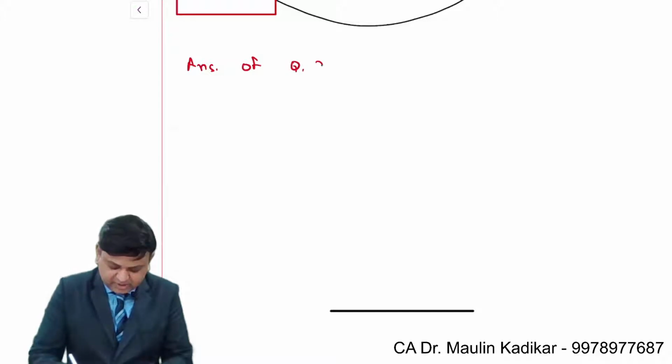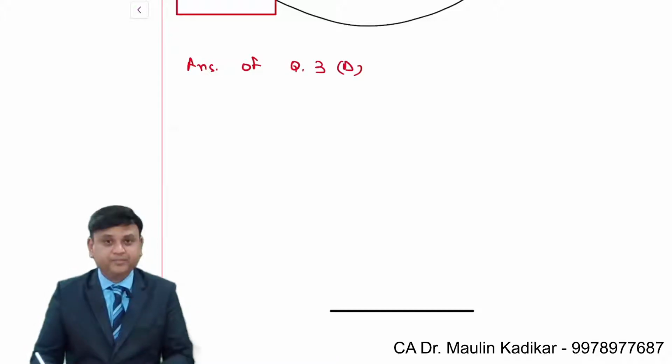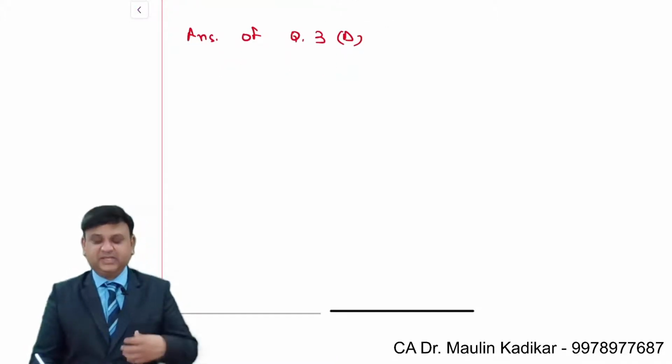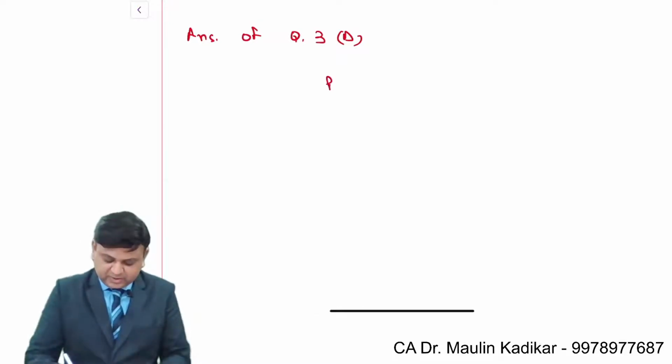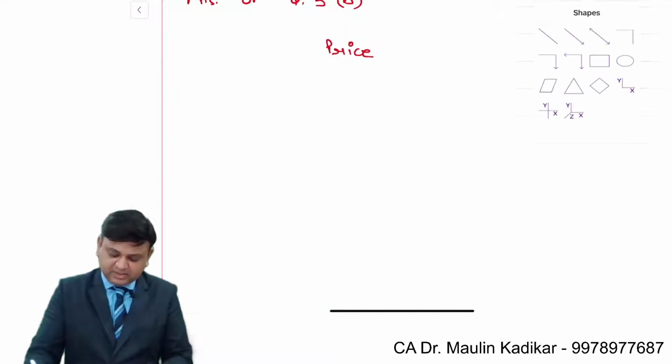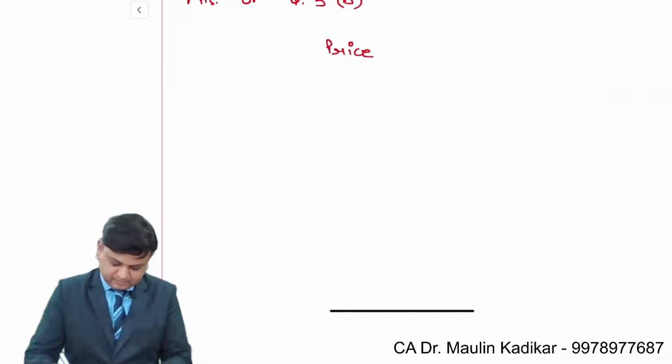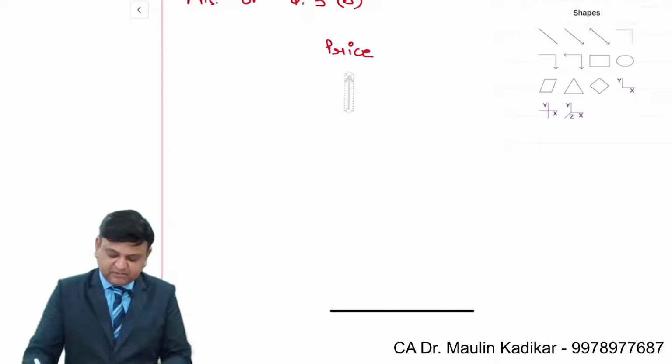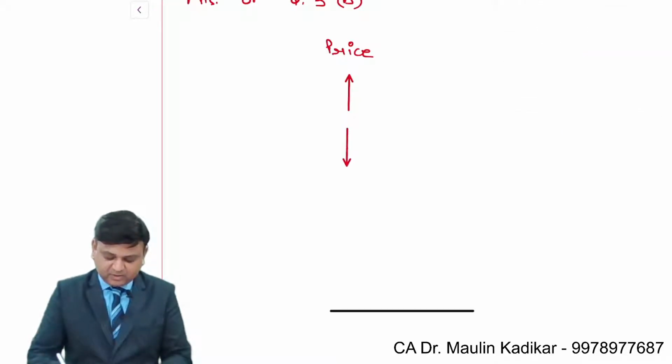Answer of question number 3D. Over here the question says that you are required to determine whether the price of the security will increase or the price of the security will decline. That is what we are required to answer.